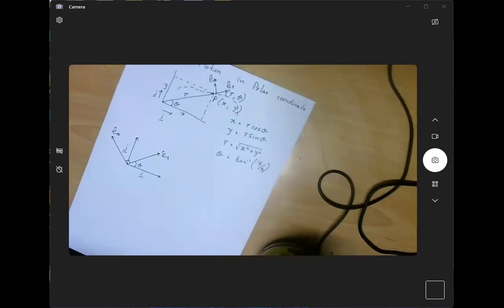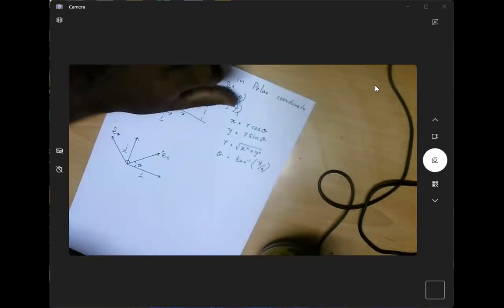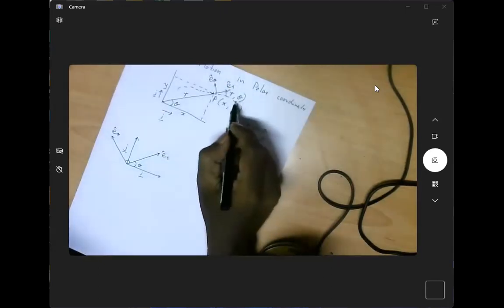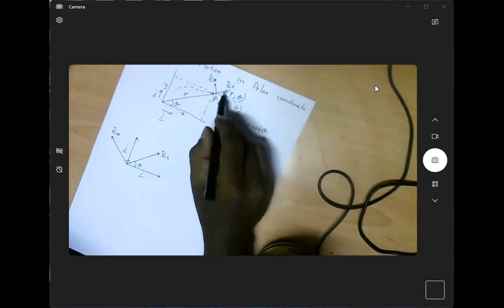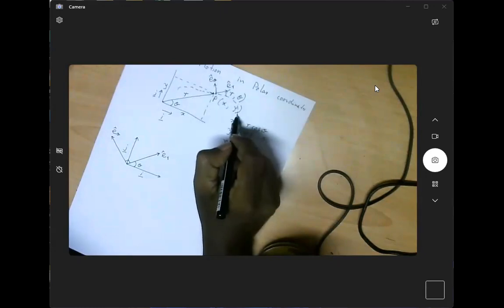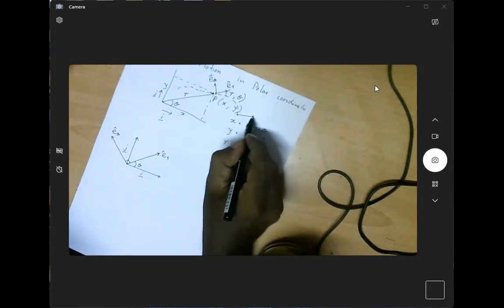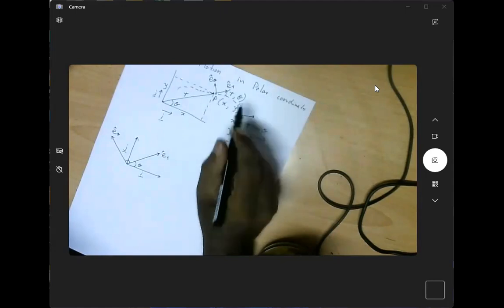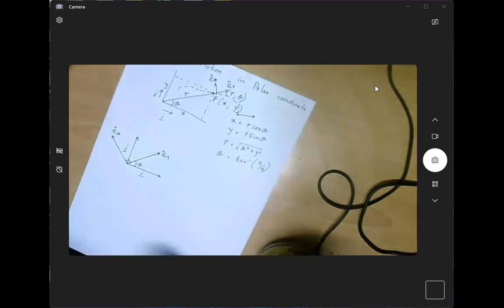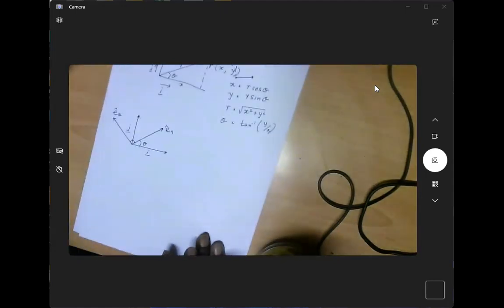As you can see, since e_r and e_theta are defined based on the position of the particle, at one instant e_r and e_theta are like this, and when it comes somewhere here, you will see that e_r is in this direction and e_theta is something like this. So they do change with time.